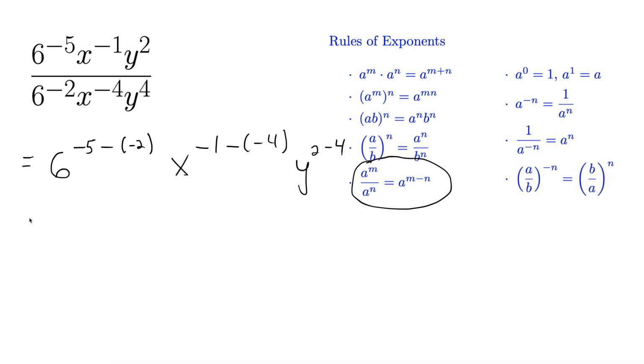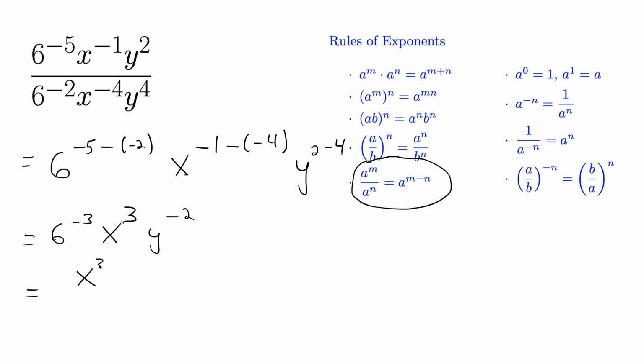This becomes 6 to the negative 5 plus 2, which is 6 to the negative 3. Okay, then we have x to the negative 1 plus 4, that's x to the positive 3, and then y to the 2 minus 4, y to the negative 2. Well, remember, on these you don't want to leave any negative exponents in your final answer, so we have to deal with these negative exponents here. Anything with a negative exponent goes down to the denominator.